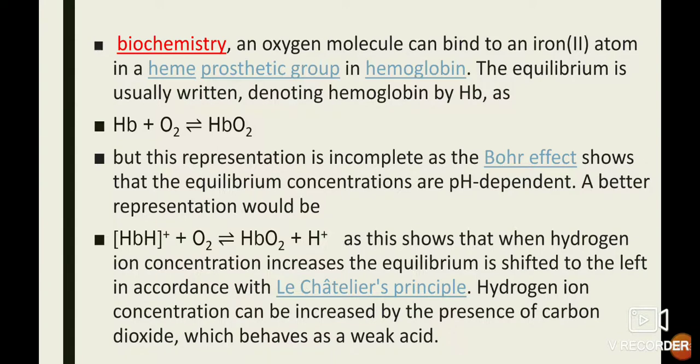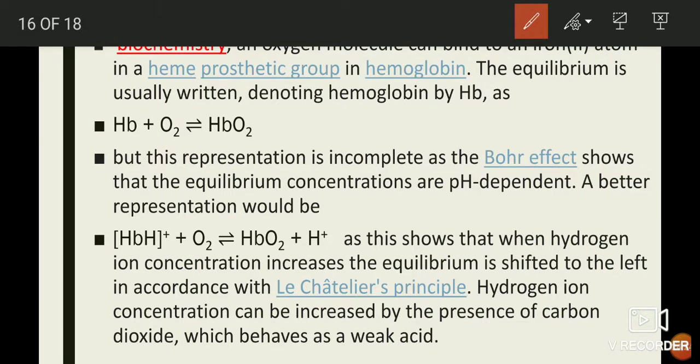Since the equilibrium depends on concentration or pH, a better representation would be another equation: HbH plus O2 gives oxyhemoglobin plus H plus ions. As this shows, when hydrogen ion concentration increases, the equilibrium is shifted to the left, in accordance with Le Chatelier's principle. And what is Le Chatelier's principle?